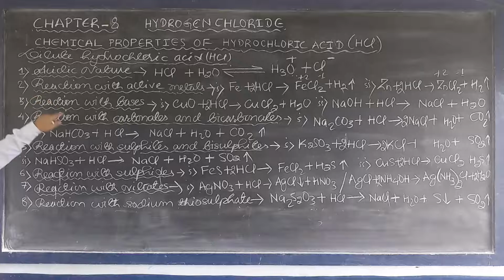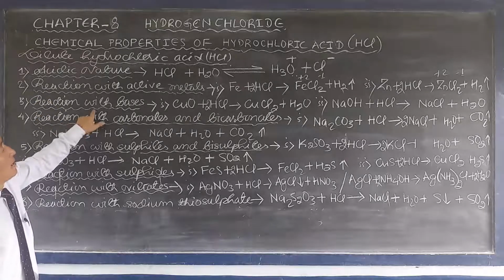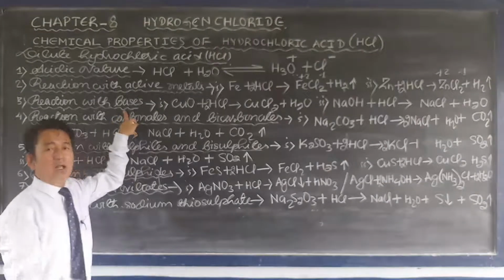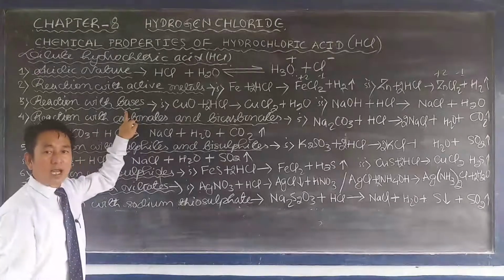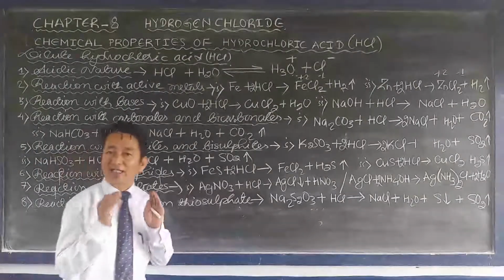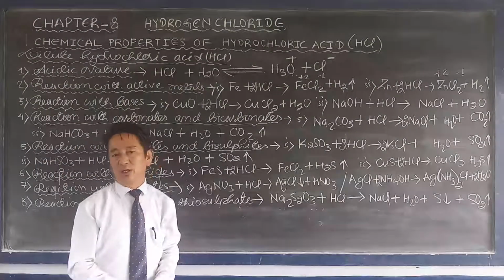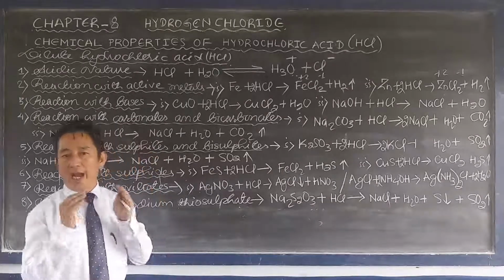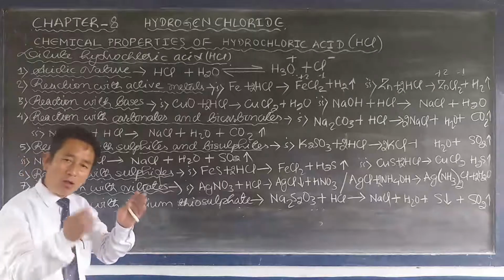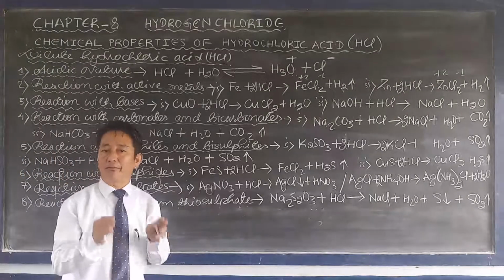Now next, reaction of dilute hydrochloric acid with bases. You know, bases are metallic oxides, metallic hydroxides or ammonium hydroxide. Whenever dilute acid reacts with bases, they produce salt and water. All metallic oxides and all metallic hydroxides are bases.